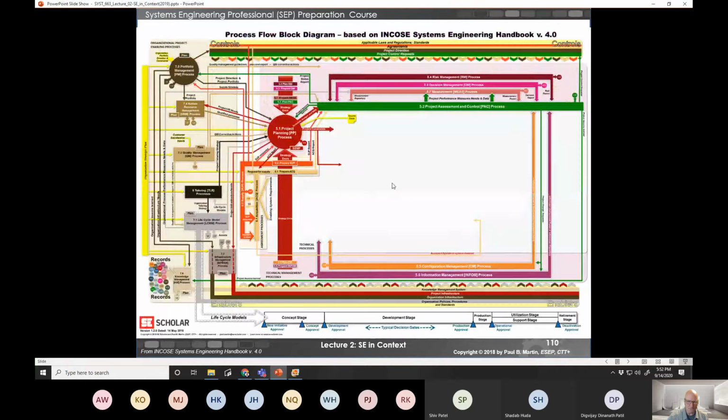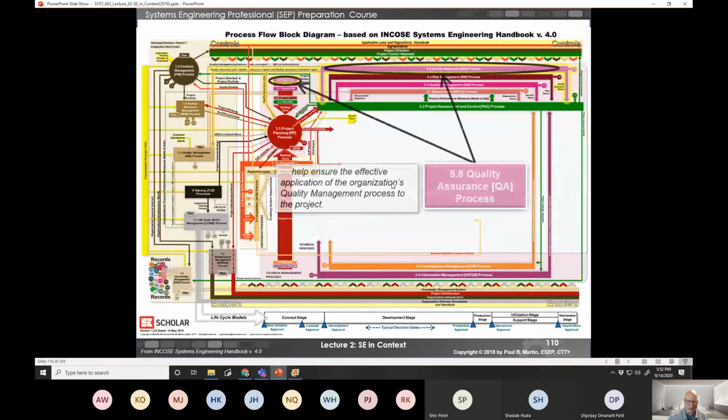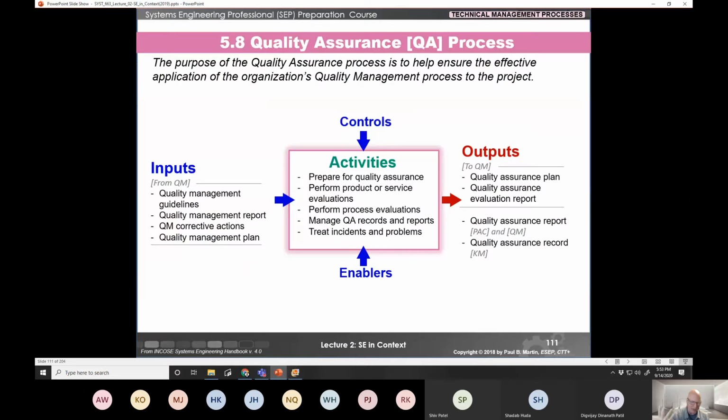All right. Now, your quality assurance is kind of quality management, but from a project standpoint. Project quality management, of course, is from the organization standpoint. Quality assurance is from a project standpoint. Are they taking the quality management processes from the organization into the project?